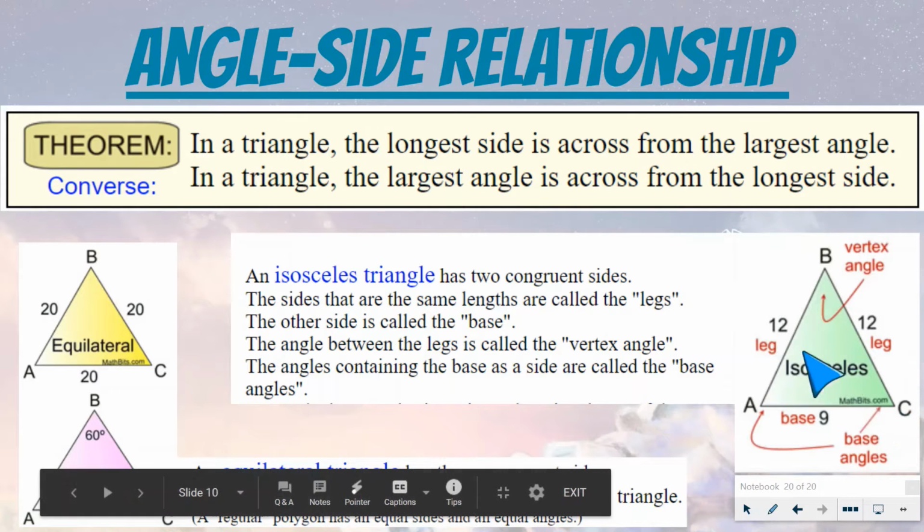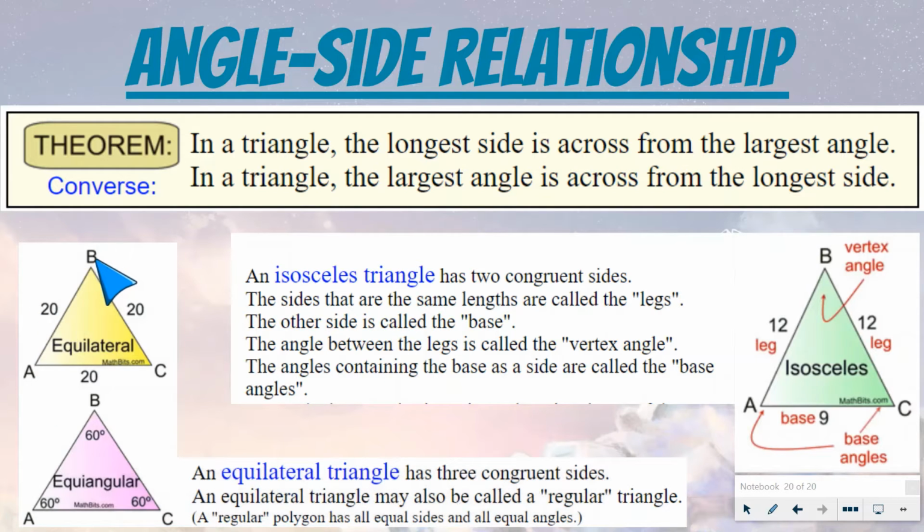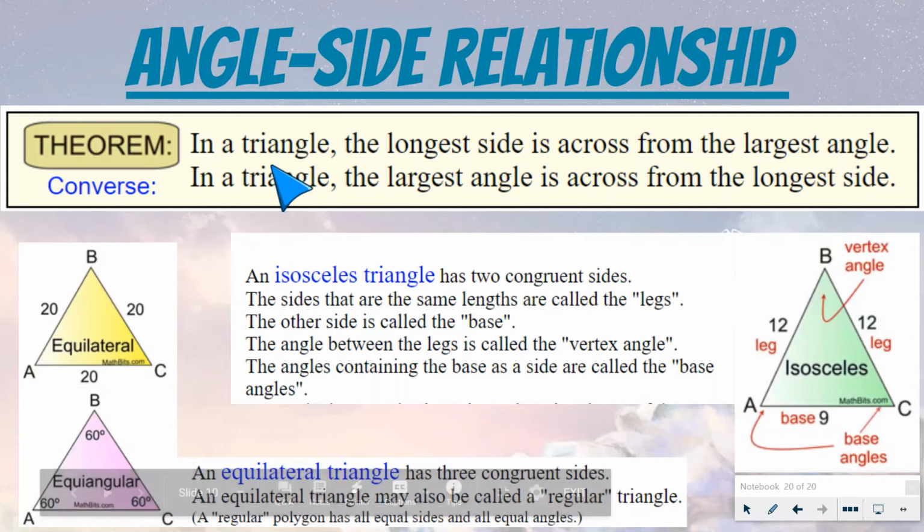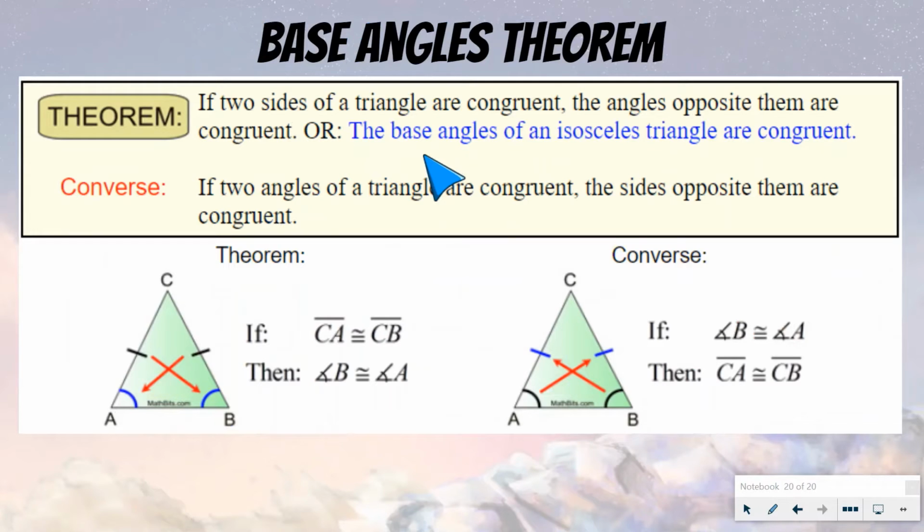So the base angles are directly across from the congruent legs, whereas in an equilateral triangle, all the angles are the same, so it's equiangular also, making all of these sides the same. So it's just pointing out the relationship between opposite sides and their angle.